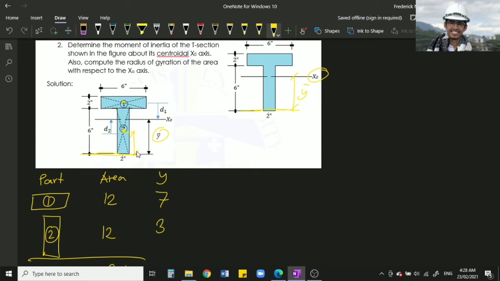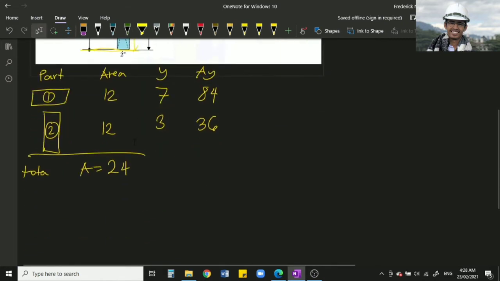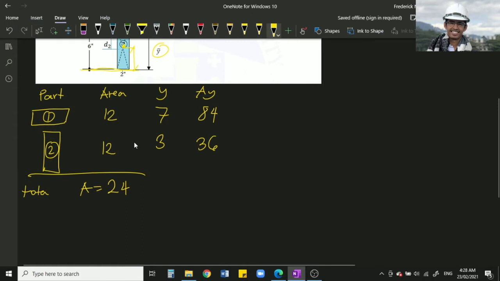Okay. And for AY, we can now get the AY. So for AY, that will be 12 times 7, that will be 84. 12 times 3, that will be 36. Okay. And yung summation ng AY natin will be equal to 120.